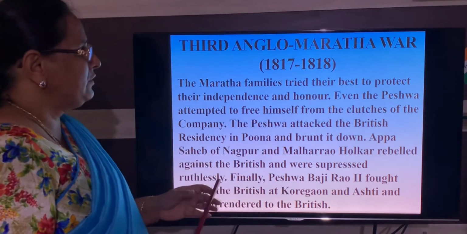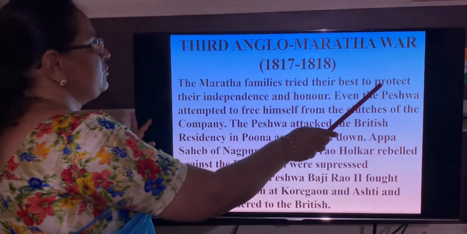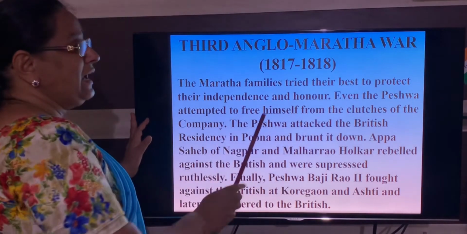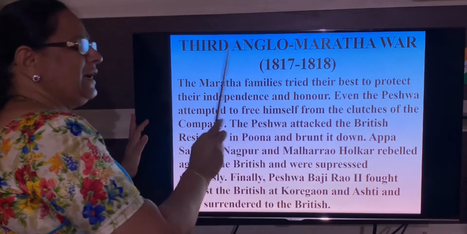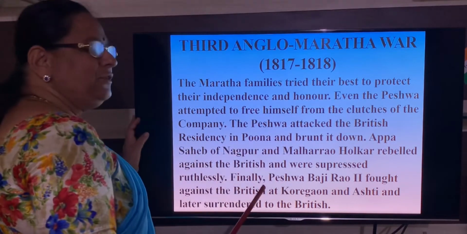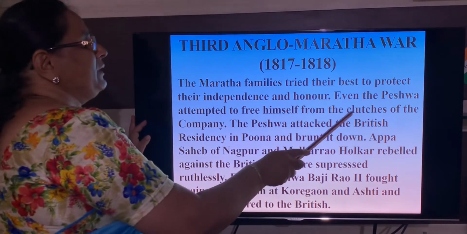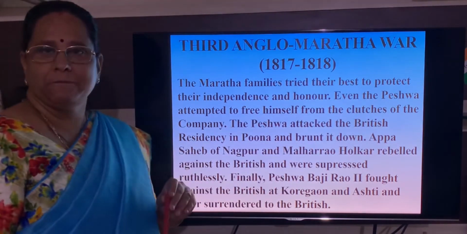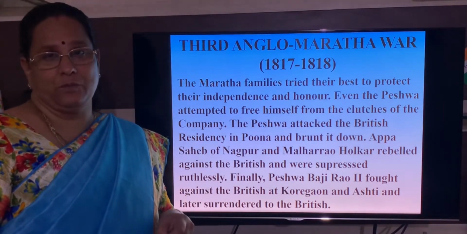And next you have to remember the Maratha families tried their best to protect their independence and honor. Even the Peshwa had joined hands with these people and tried to free Maratha from the clutches of British. So you have to remember about these points.